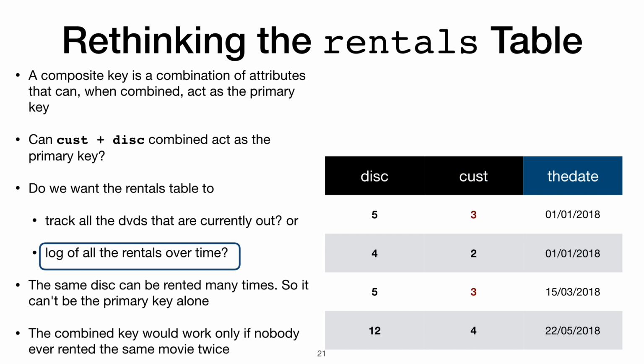But if we were to combine it with the customer column, the combined key could be the primary key, but the only catch there would be that no customer could ever rent out the same disc twice.